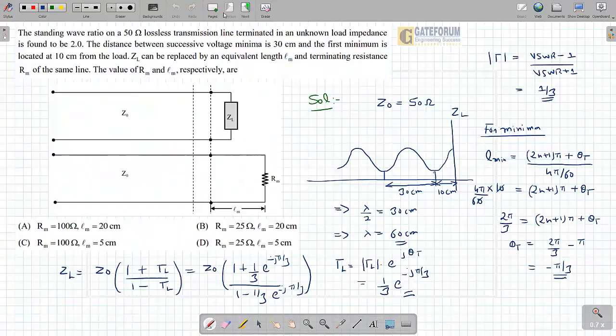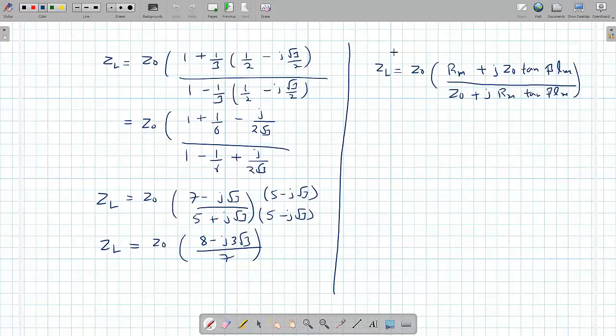See, up till this point we used some concepts of electromagnetic theory. After that it was completely mathematics, right? And here we use again one more concept, where ZL is in terms of Rn. Now I have to equate this and get the values of Rn and Ln.